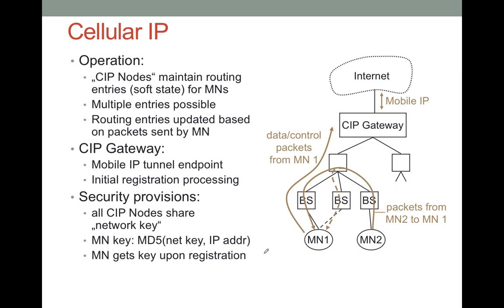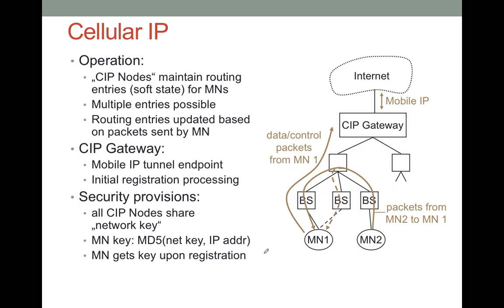CIP nodes maintain routing entries. For mobile nodes, CIP is maintaining the routing entry, and multiple entries are possible. Routing entries are updated based on the packets sent by the mobile nodes.